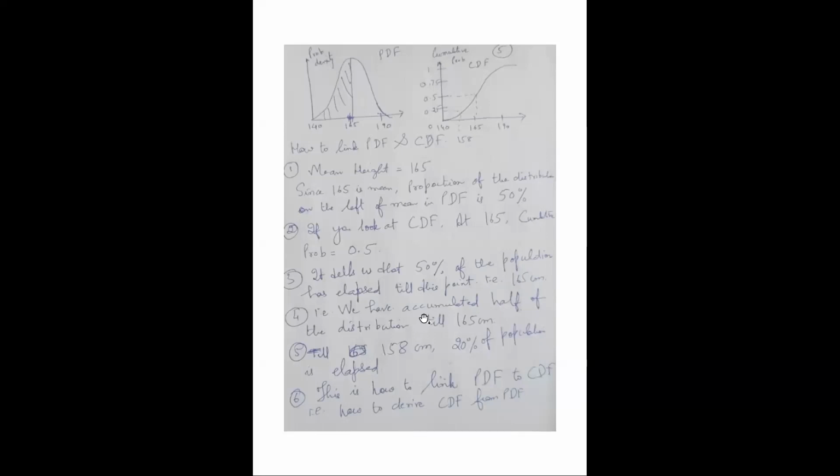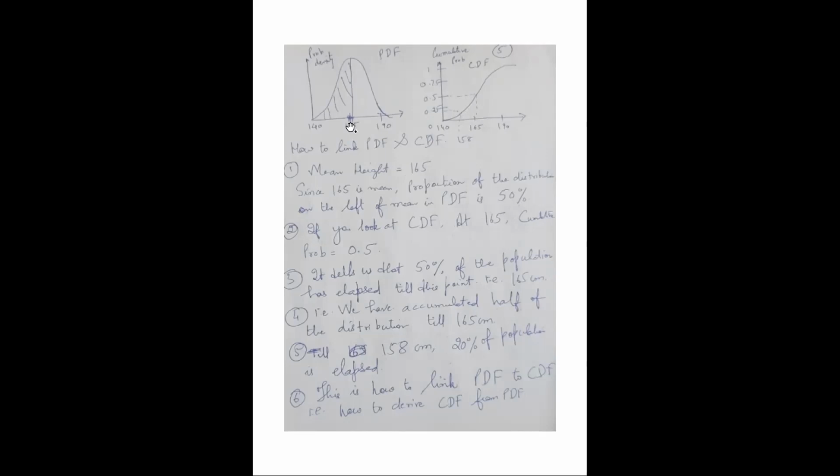We can also say that we have accumulated half of the distribution till 165. Maybe till 158, 20% of the population has elapsed, which you can clearly see from the PDF and also from the CDF, because around 165 you get a value of 0.5, meaning 50% of the distribution has elapsed.